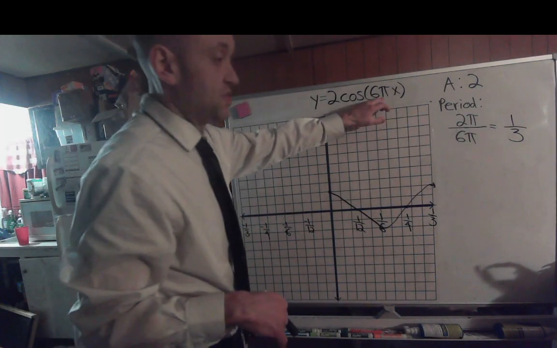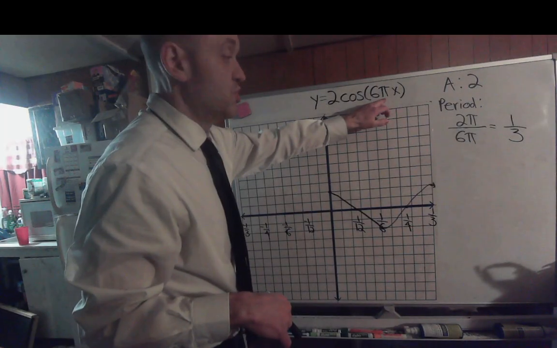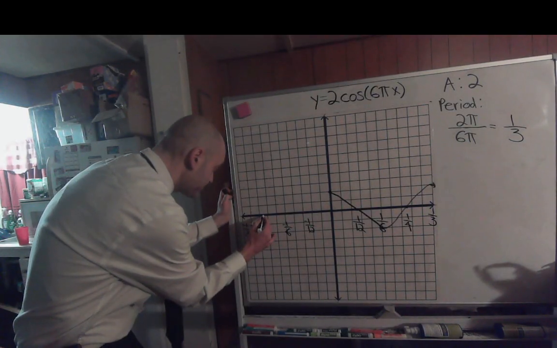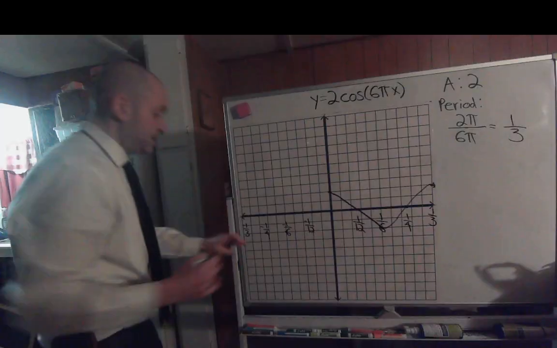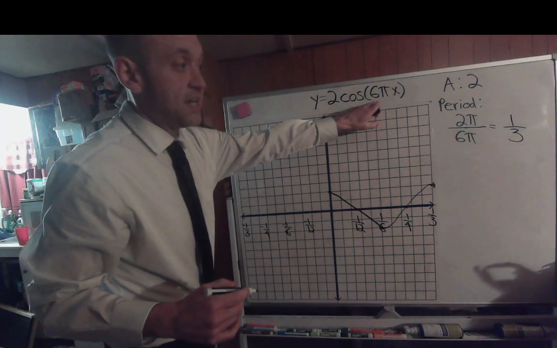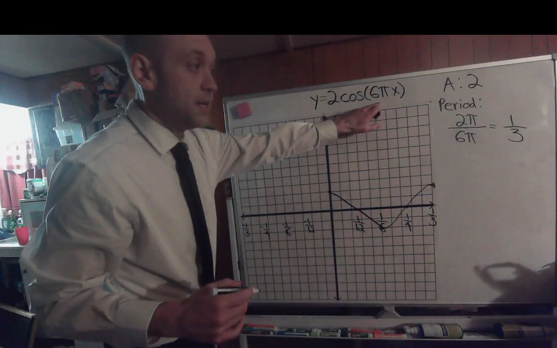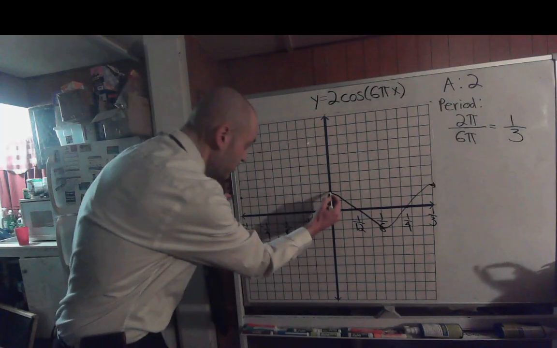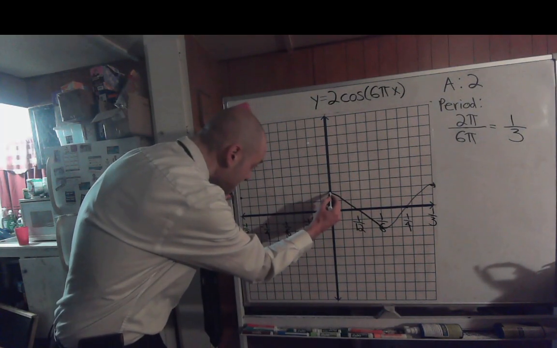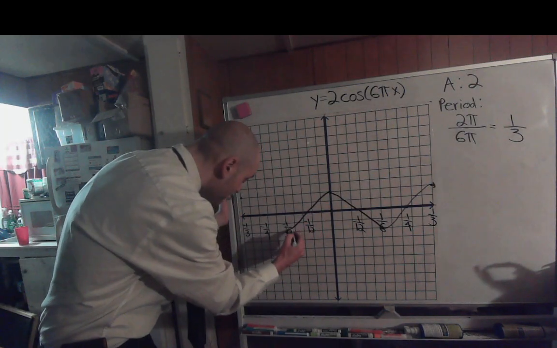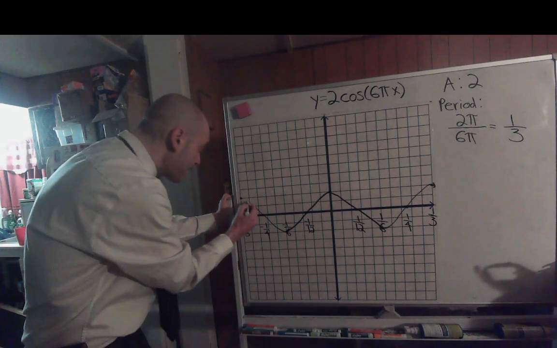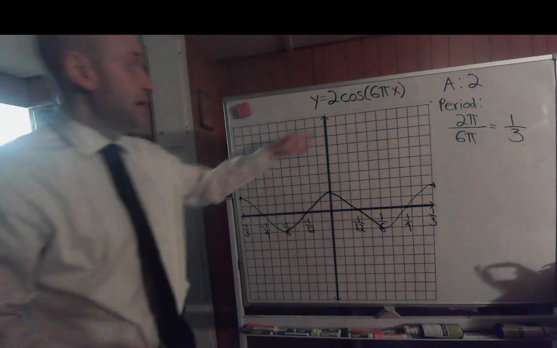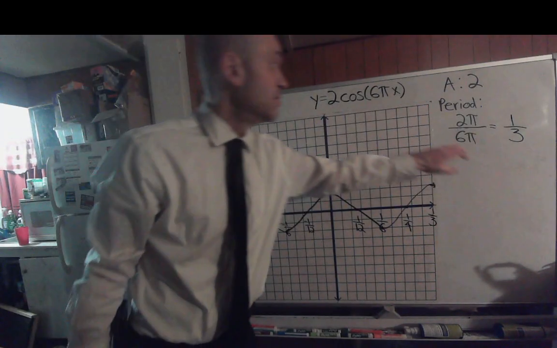That would give you the cosine of negative 3 pi over 2, which is 0 times 2 is still 0. Put in negative 1/3, you get the cosine of negative 2 pi, which is 1 times 2 is 2. Now let's draw this curve going left. And there is your cosine function with amplitude 2, period of 1/3.